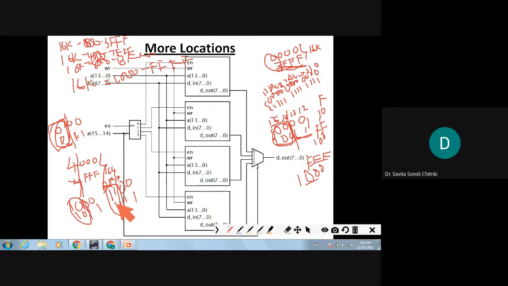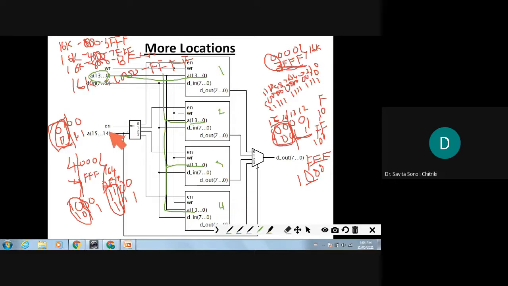The whole class should do this calculation at home next time, very important. So that's why what I am doing here is, see, there is no change in address from A0 to A13. That's why whatever address is there from A0 to A13, the same address is being connected to all the four 16 kilobyte memories, 1, 2, 3 and 4.